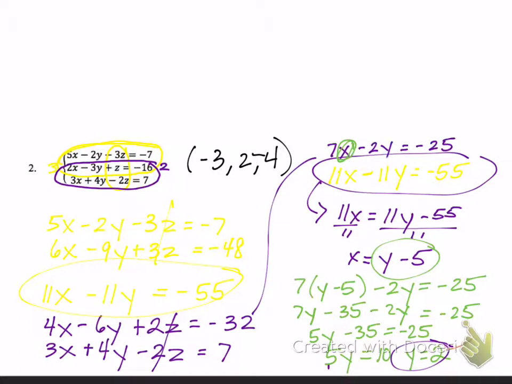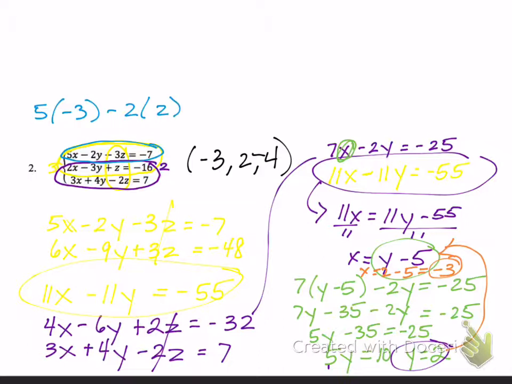So if y equals 2, I'm going to plug that into the equation that I substituted. So x equals 2 minus 5, which is negative 3. And then I need to go up to the top, and I've got x and y, and I need z, so I'm just going to choose one of them to plug it into. Let's do the top one. 5 times negative 3 minus 2 times 2 minus 3z equals negative 7.